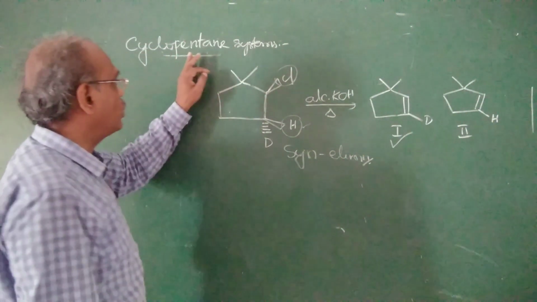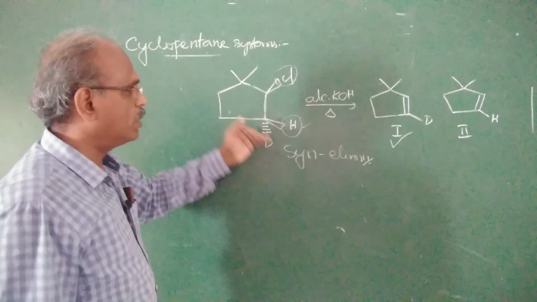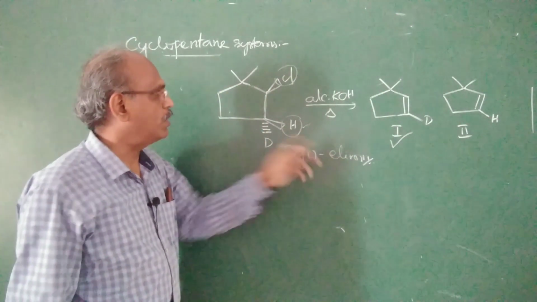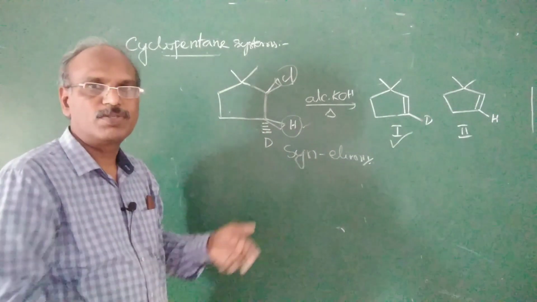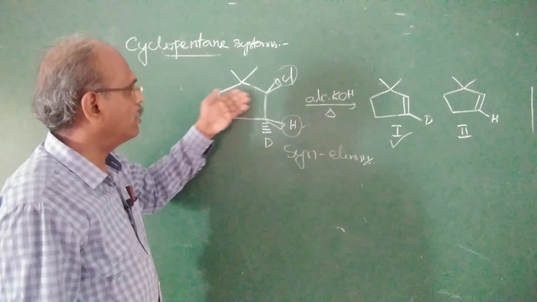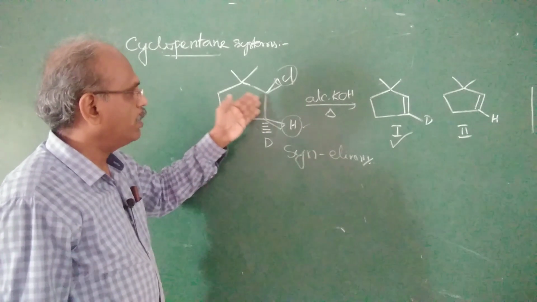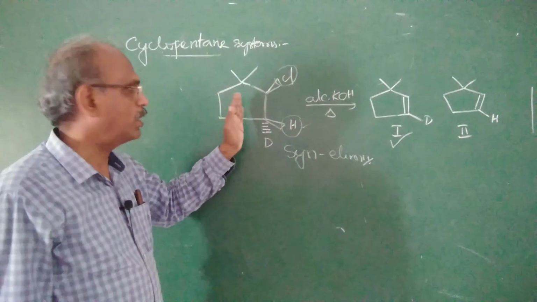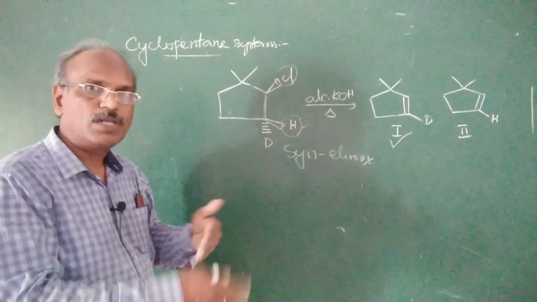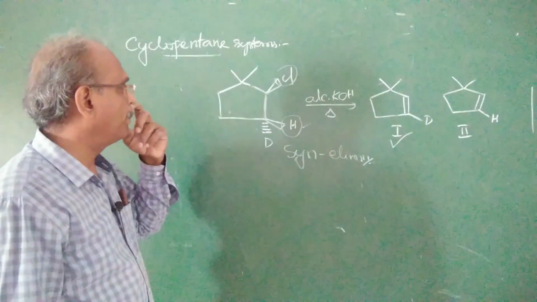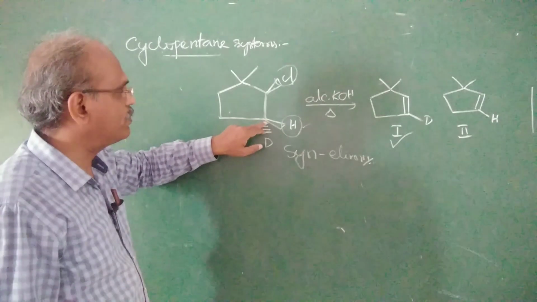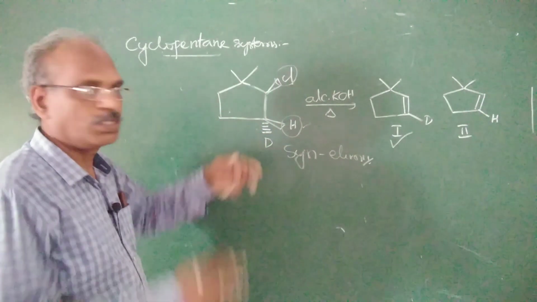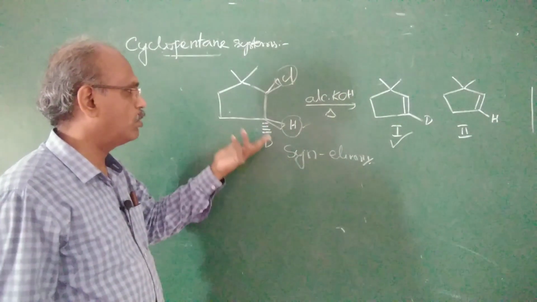So in cyclopentane systems, what is the probable elimination? Syn. Free rotation about this bond is not possible in cyclic systems having less than nearly 8 carbons; in 8 carbons also it is a little bit difficult. So in cyclopentane and cyclohexane systems, free rotation about this bond is not possible, so no anti-elimination.